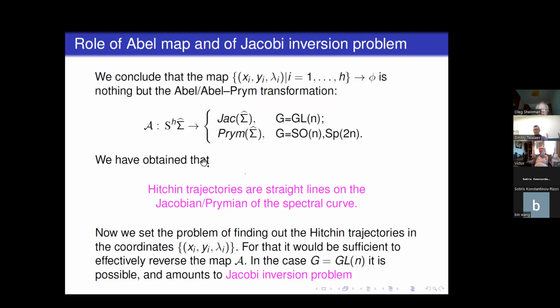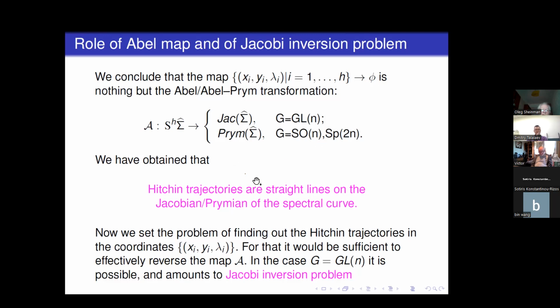It's the Abel transformation of the symmetric power of the spectral curve to the Jacobian in the case of G equal to GLN, and the Abel prime transformation of the phase space to the Prym in the case of simple groups.